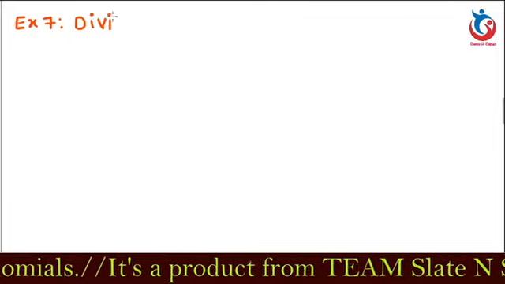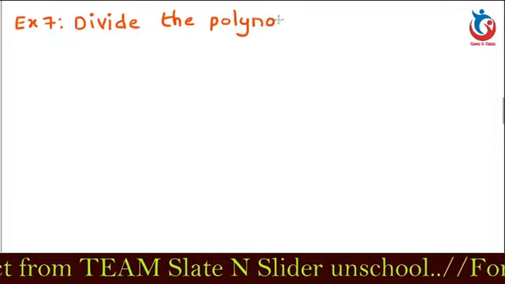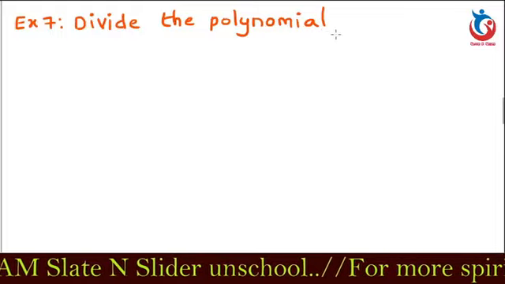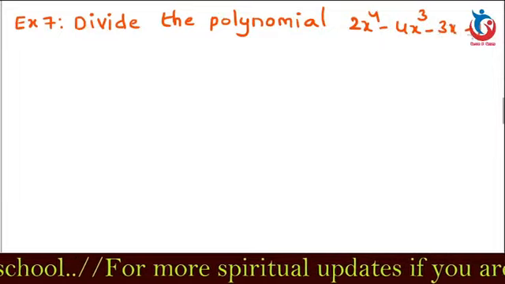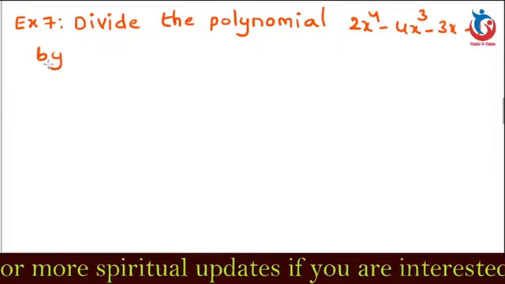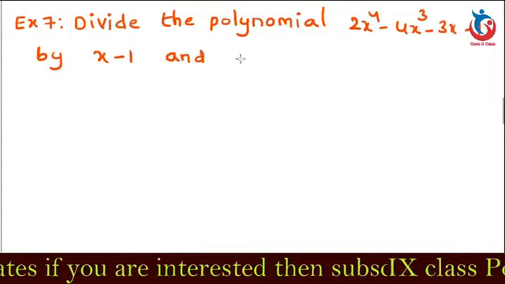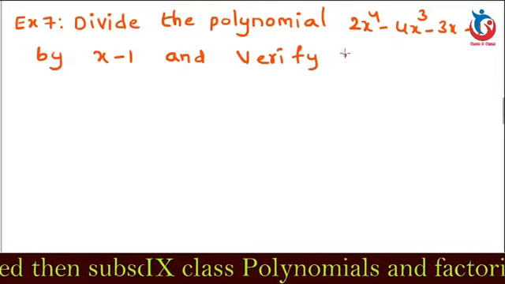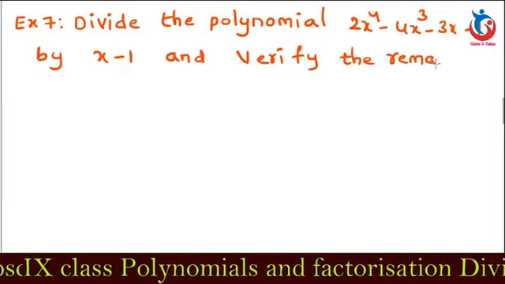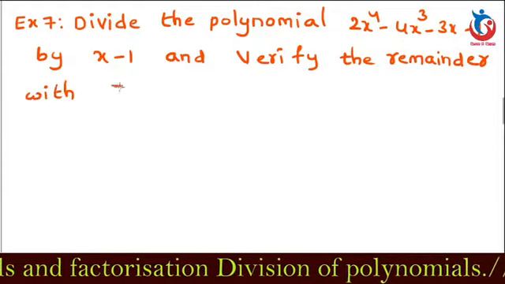In this, divide the polynomial 2x⁴ minus 4x cube minus 3x minus 1 by x minus 1, and verify the remainder with 0 of the divisor.